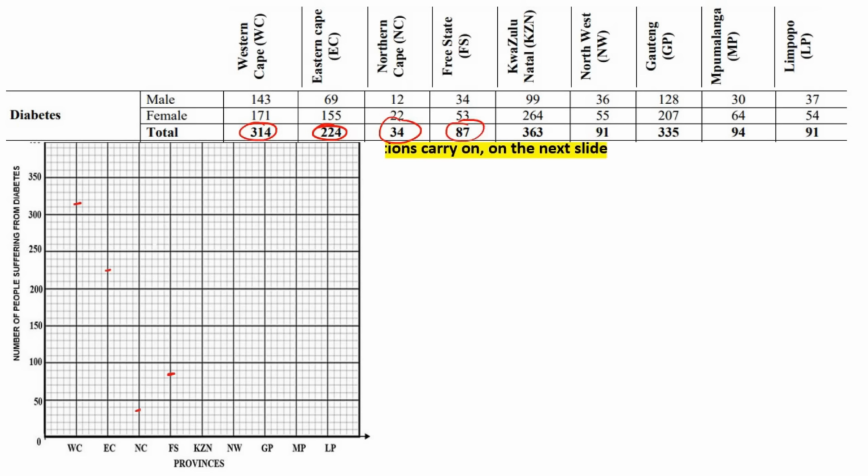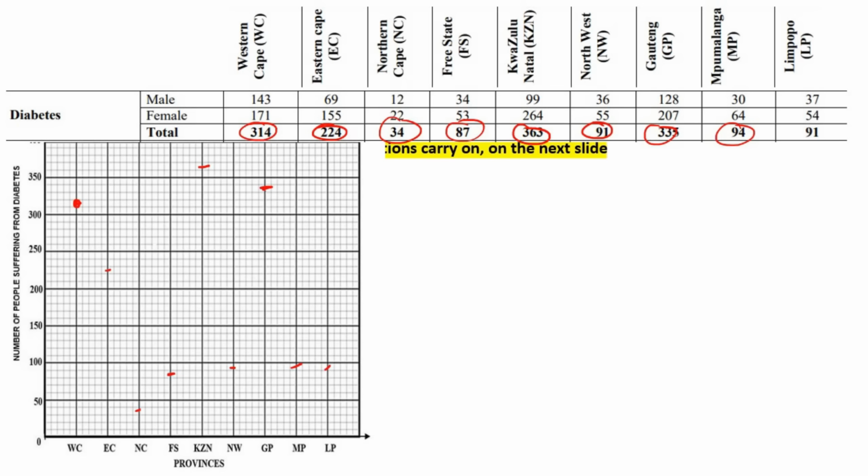Okay, and then KwaZulu-Natal, 363, which is about there. And then Northwest, 91. Gauteng, 335. Mpumalanga, 94. And then Limpopo, 91, which is about there. Now, to do a line graph, you just go to the beginning part, and you're just going to connect all these points.